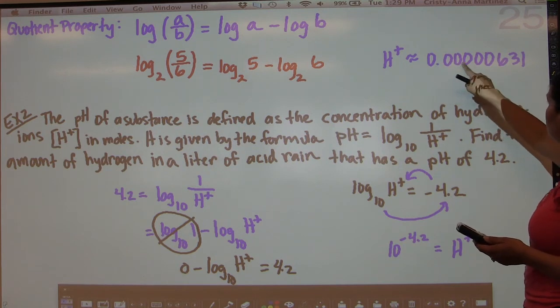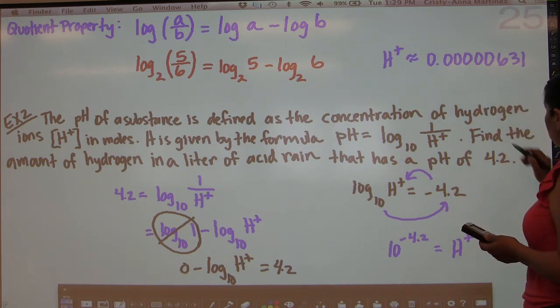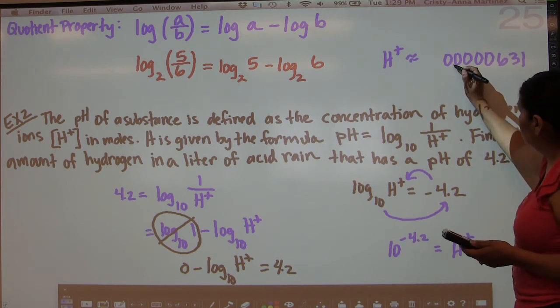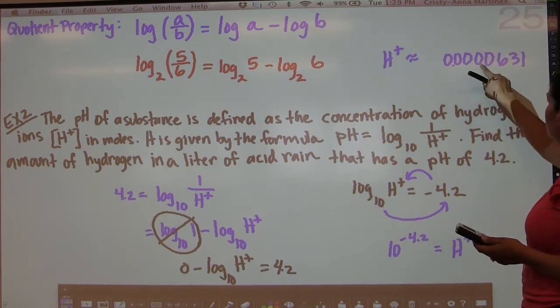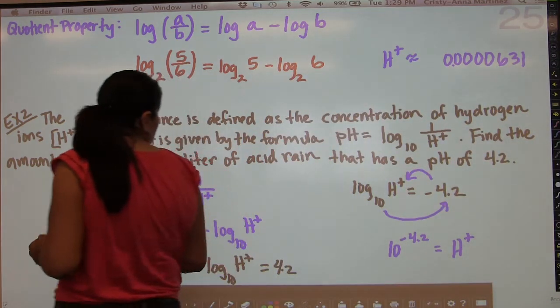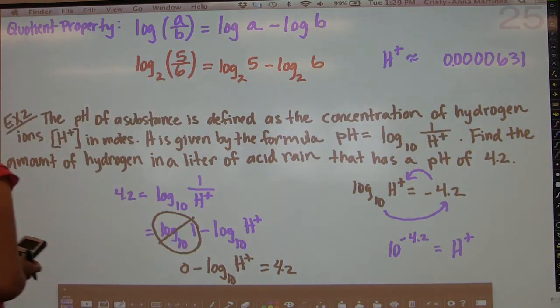So 1, 2, 3, 4, I got one too many zeros. Sorry about that. Let's just erase that 0 and put the decimal right there. So we've got 1, 2, 3, 4, 5. So there you go. It's approximately 0.0000631. That's how much hydrogen is in a liter of acid rain, because I'm sure that you were dying to know.